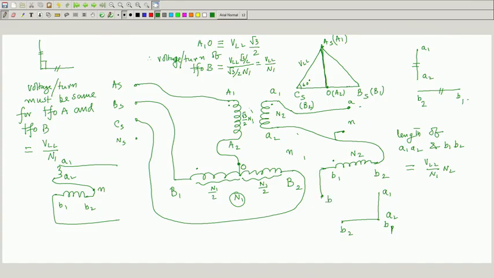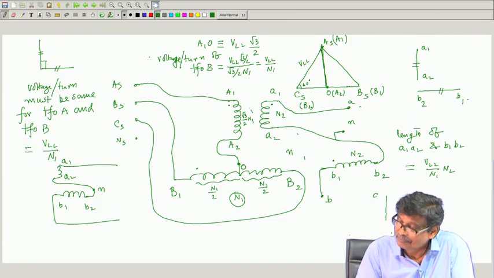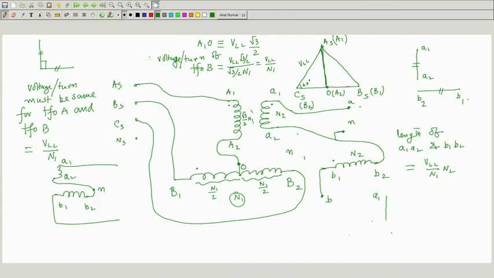And if you do it like that, A2 B2 you join, then your phasor diagram will look like A1 B1, A1 A2 and I have joined B2 with B1, and this is my neutral.